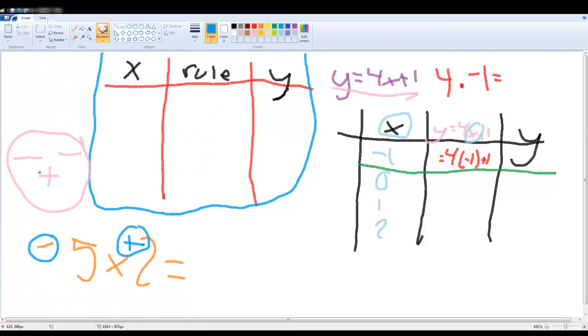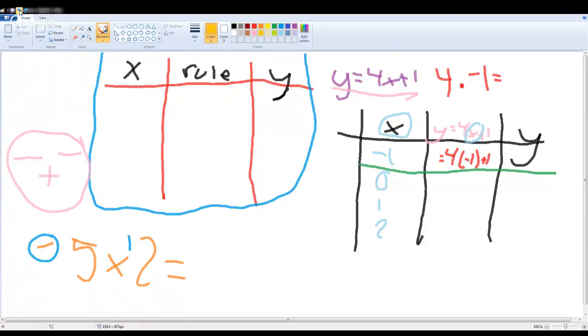So circle the negative on here, and circle the positive on here. Mark out all of them, and all you have left is a negative. That means your answer is going to be a negative. Then don't worry about the signs anymore. Multiply like normal. So 5 times 2 is 10. So that's basically what you do.